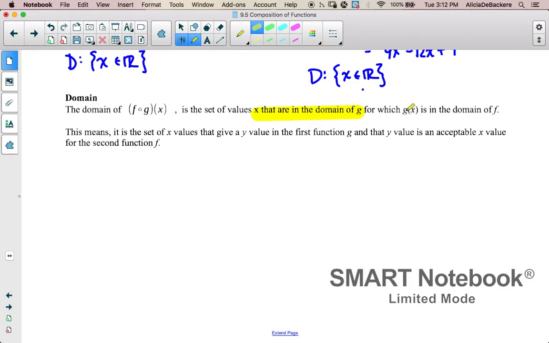So I need g at x, the y values of g at x, to be in the domain of f. So another way to say this is that the set of x values that give a y value in the first function g, and that y value is also an acceptable x value in the second function f. So it's kind of complicated. We're going to take a look at a couple of examples here.